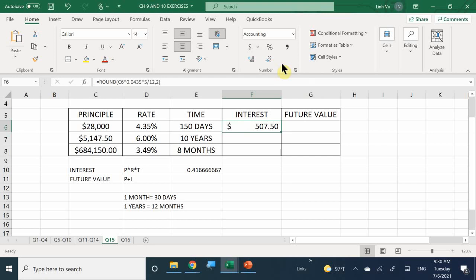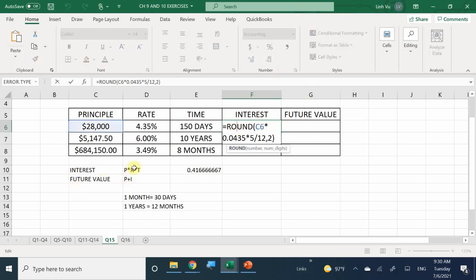Not bad. So how did you come up with the 507.50? Okay, so what we did was principal times rate times time, because this is simple interest. That's our standard formula to figure out how much interest is. However, the rate is in terms of years. The time is not.